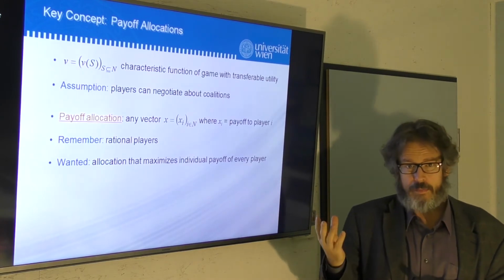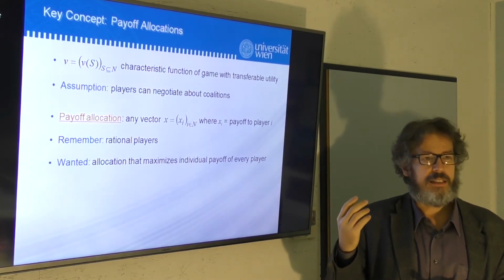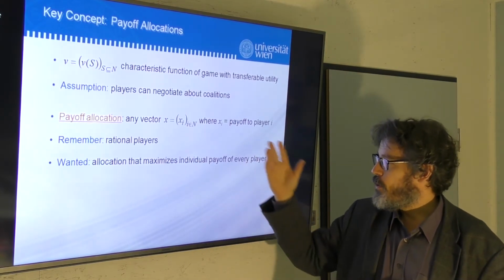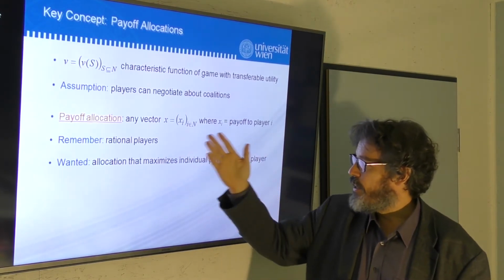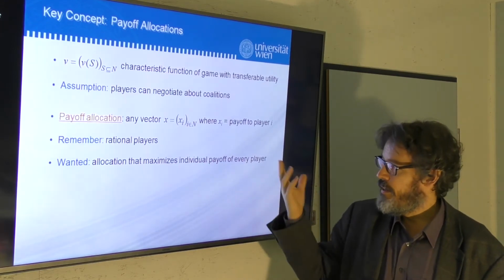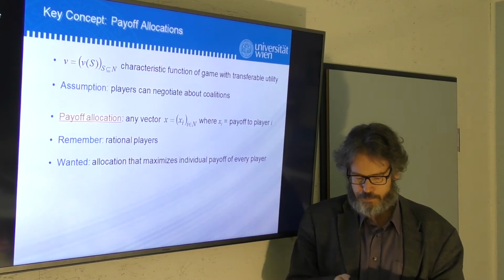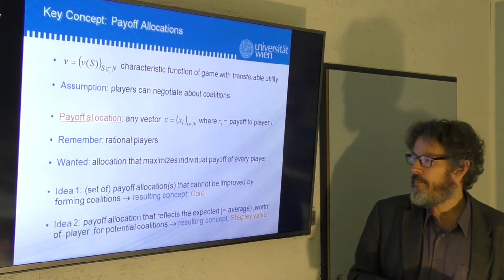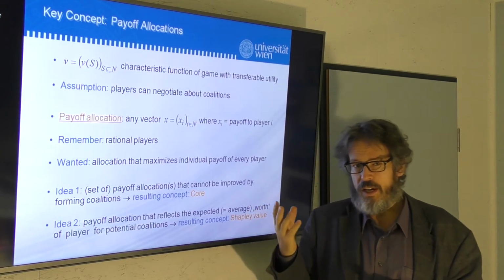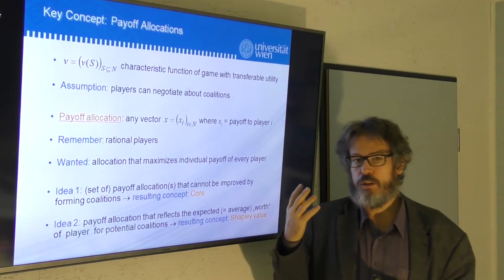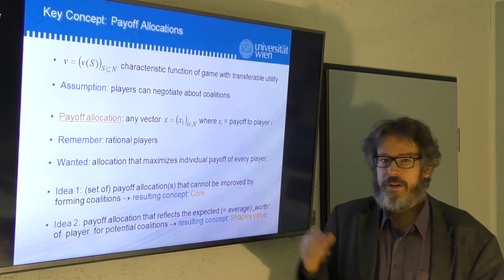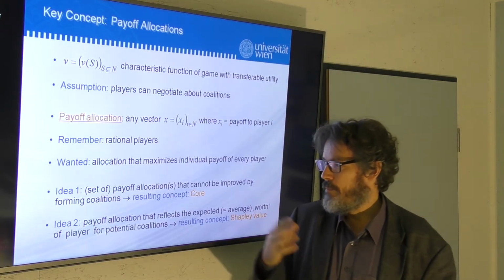And remember that we have assumed that our players are rational players, and hence, of course, they try to get an allocation which maximizes the individual payoff of every player. This is the basic idea. And the question is, how can we use this concept to identify the potential or probable solution of such a cooperative game? And we will now look at two basic approaches.